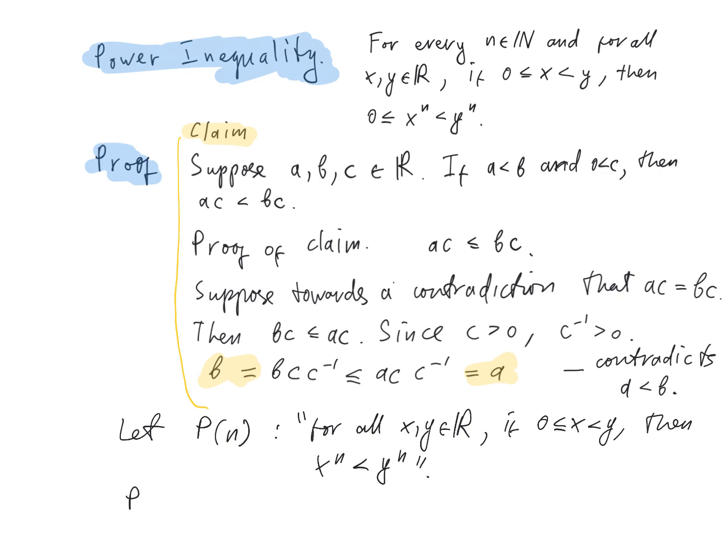The base case P of 1 is obviously true because 0 less or equal than x is less than y implies that 0 is less or equal than x to the power 1, which is just x itself, is less than y to the power 1, which is just y itself.